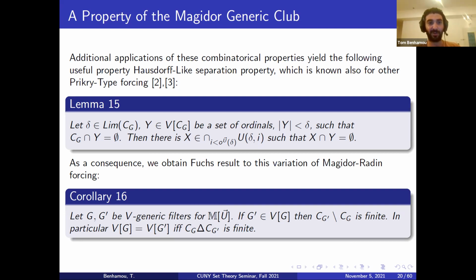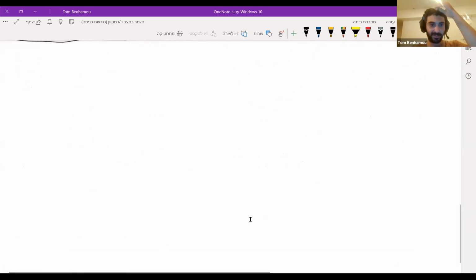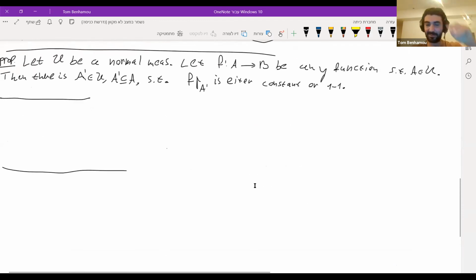Okay, let us see how this follows from Lemma 15. Sketch the proof here. Suppose otherwise. We have CG prime minus CG would be at least omega.